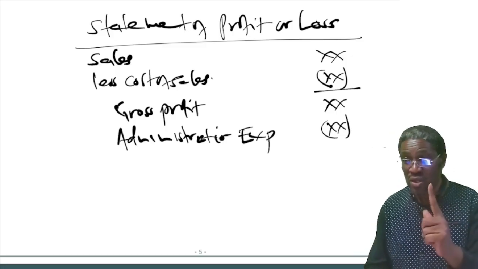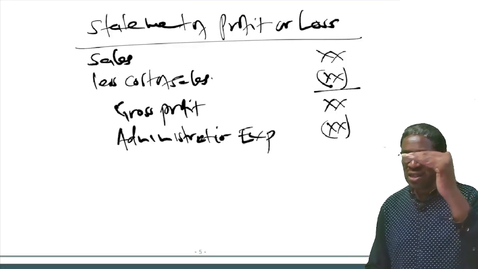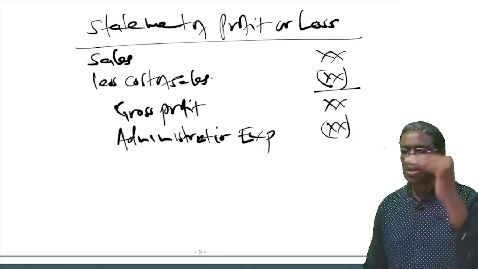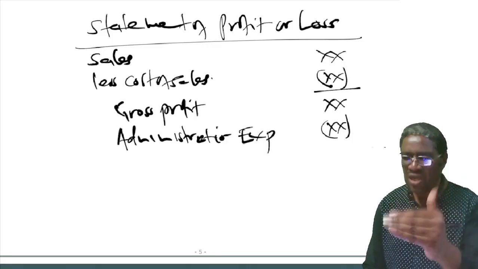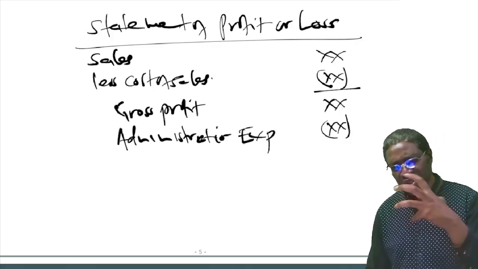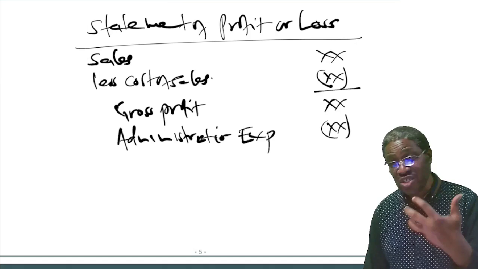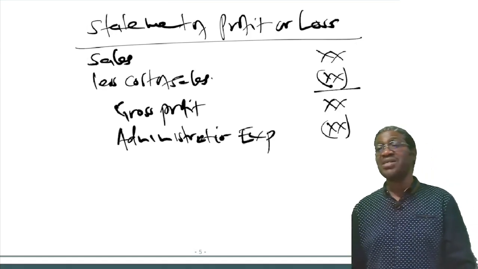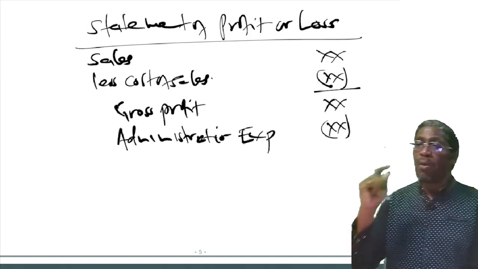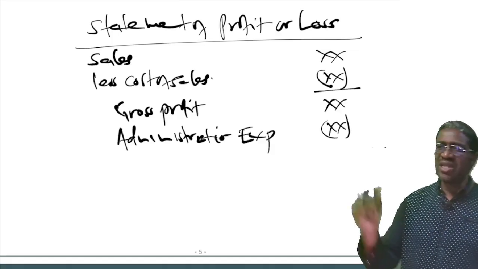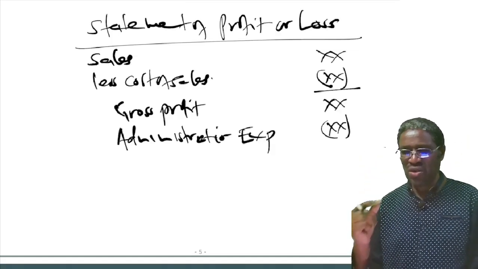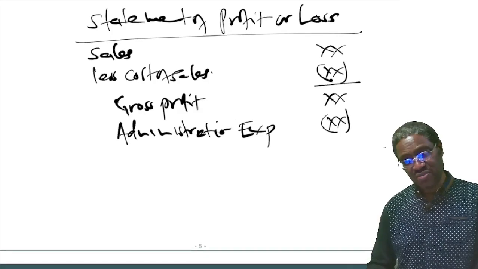Don't come and tell us electricity of the office, insurance of the office, telephone of the office. Yes, it's true they are administration expenses, but you don't show them individually on the face of the income statement; instead, combine them somewhere and bring them as a single amount.